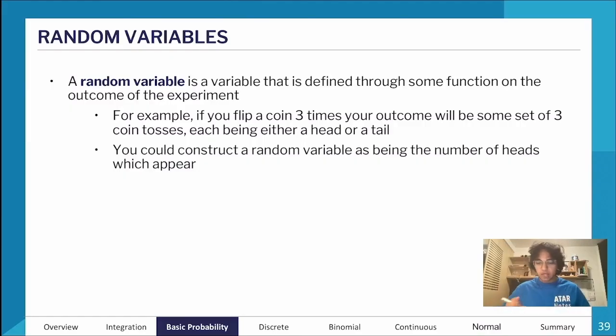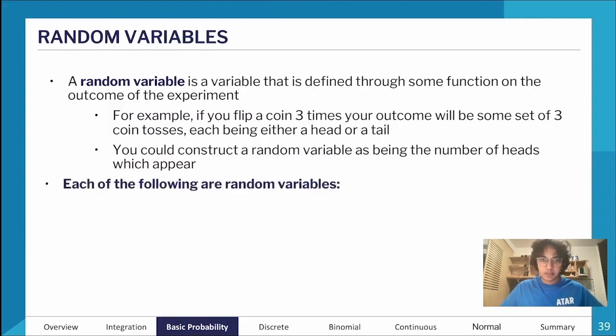And so you could make a random variable, and that random variable would be something like, as I said earlier, the number of heads that are going to pop up. Or maybe the random variable from my example was the probability that I solve a Rubik's Cube in less than a minute. Maybe I tried scrambling it 5 times and solving it 5 times, and so the random variable could be solving it in less than a minute.